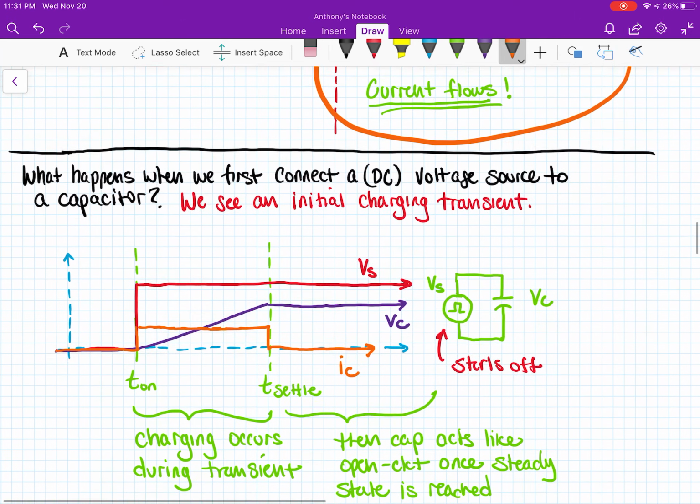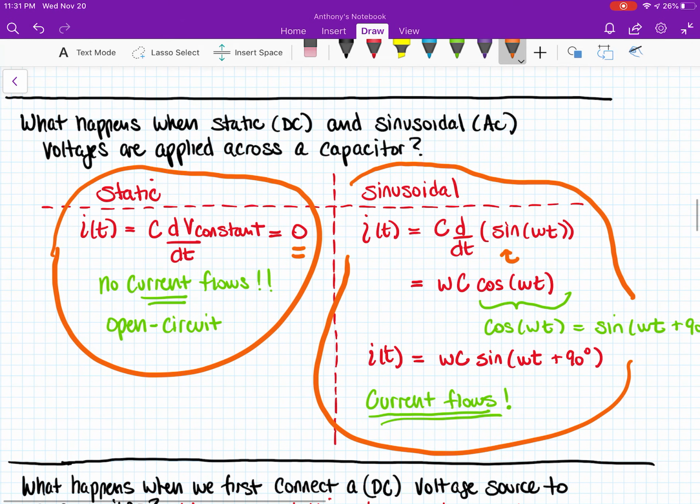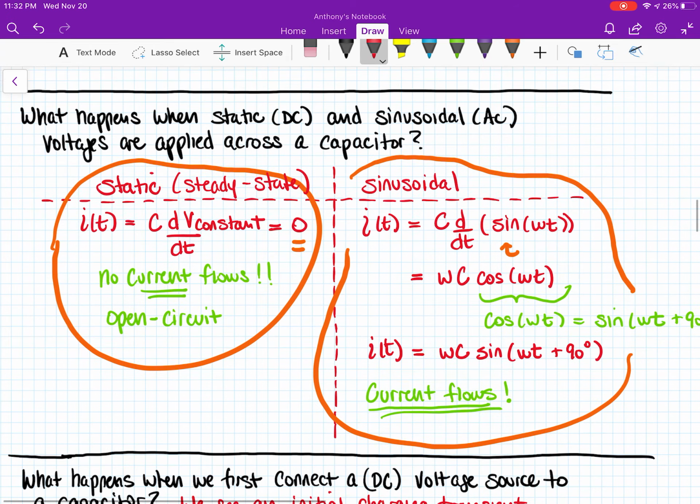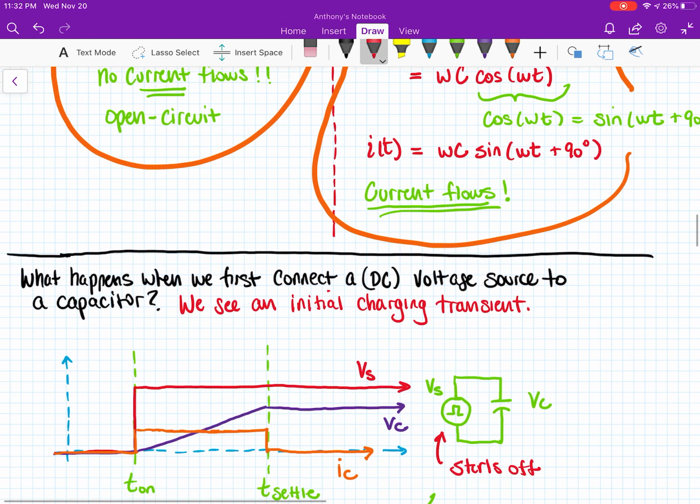So now, we said that DC, and I should probably add something here, I should say steady state. What we saw was that the capacitor acts as an open circuit for steady state DC problems.